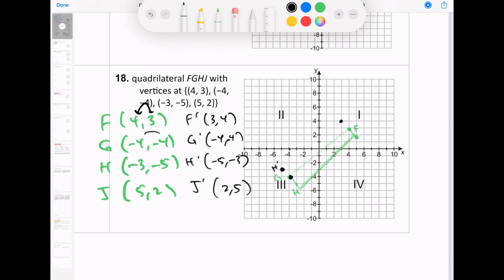So that's H prime, G prime, F prime, and J prime, right 2, up 5. And then you'll see the inverse. So you can visually see it's just being reflected over the line.